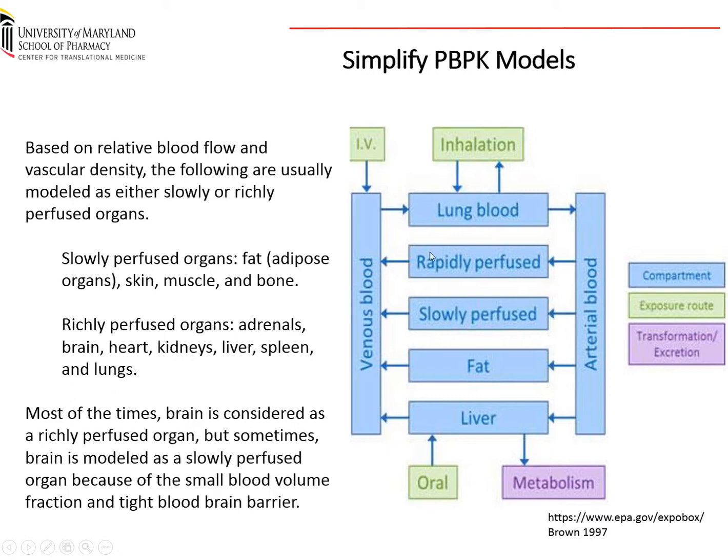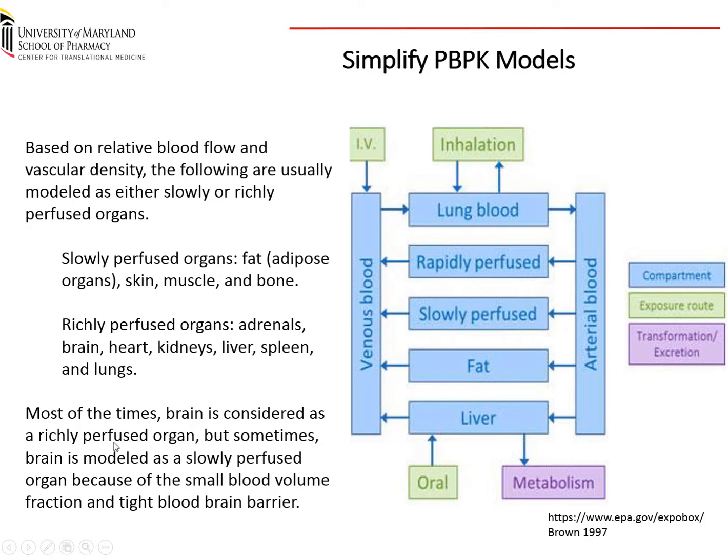So there are some basic rules about which ones to consider slowly perfused organs versus richly perfused tissues or organs. In general, fat, skin, muscles, and bone are considered slowly perfused because of the blood flow rate.